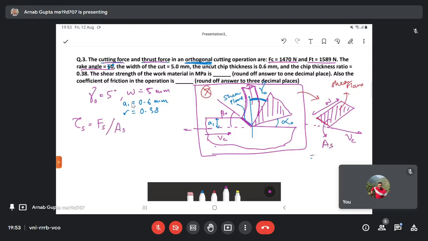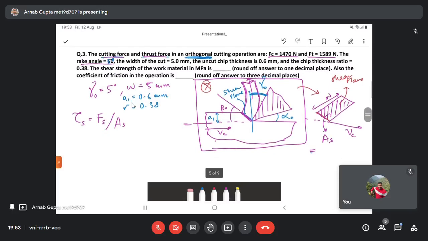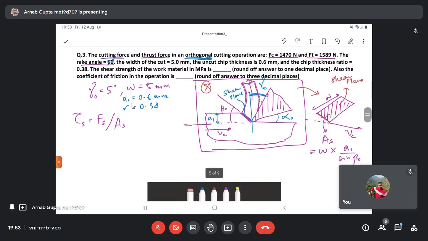So what will be AS? Anyone? How do we calculate AS? You have the entire picture here in this particular diagram. It's W into A1 by sine beta naught. So it's basically this particular side into this side.